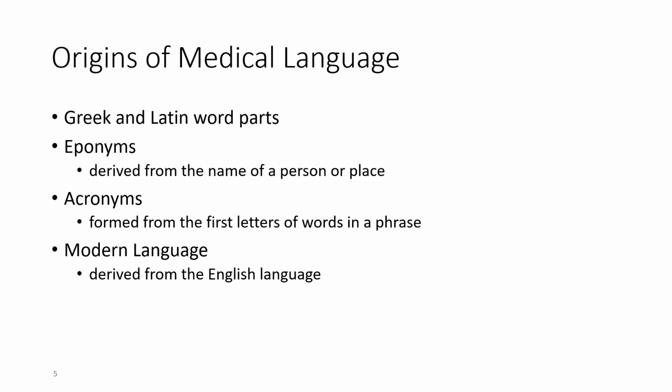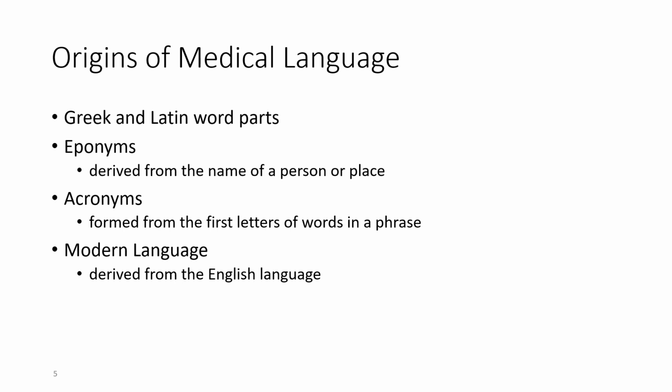Then we have eponyms. These are typically from a person's name or a place. West Nile virus might be one that we would look at there. That may be from where it was first discovered or identified.